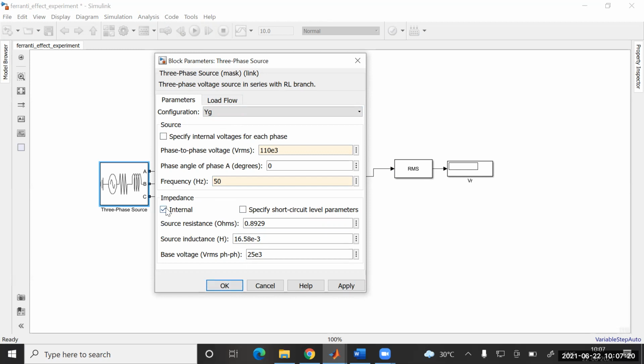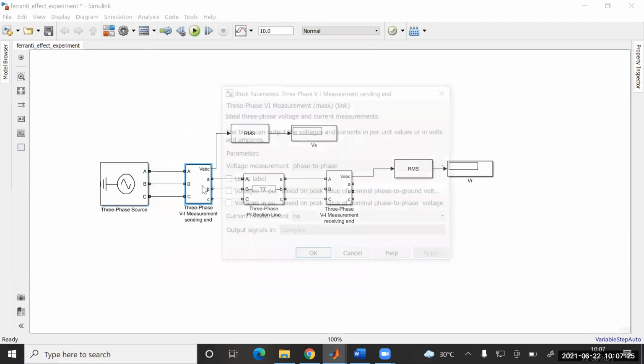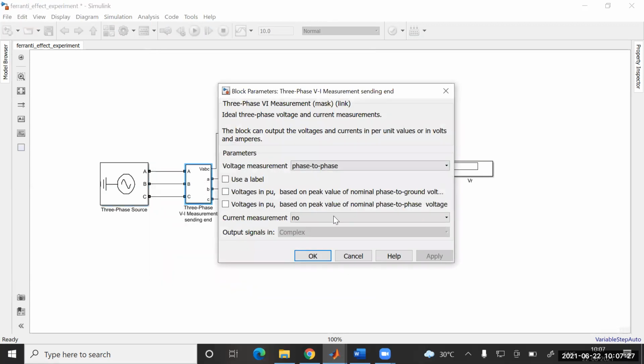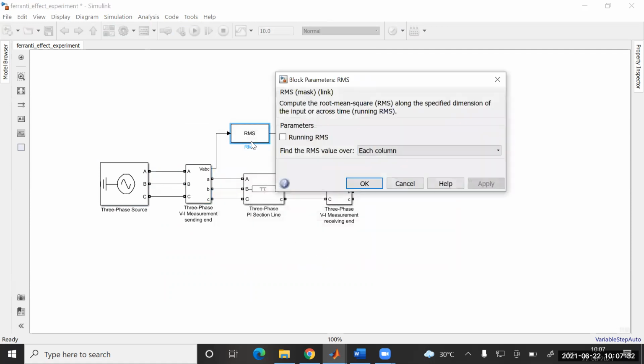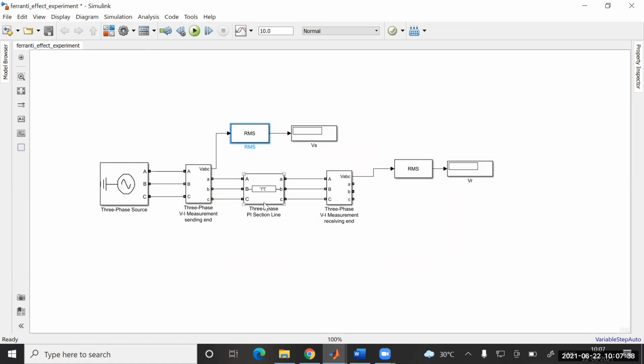Now we put degrees over here. Phase to phase, okay, fine, this is okay.